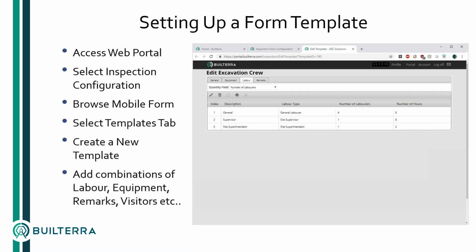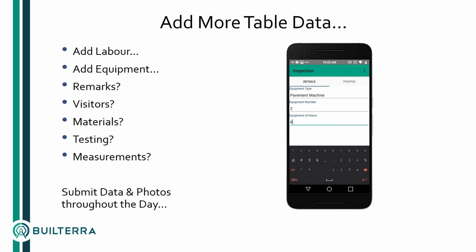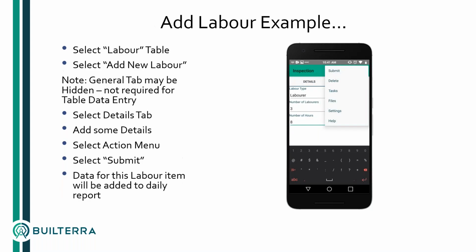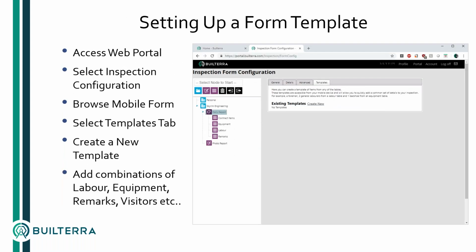Let me go back to here to the screen again. So back to the original screen, there's an add template option, and when you select add template, you get a list of all your different templates that you've configured, and add template will submit them all in one shot. So let me go back to that.